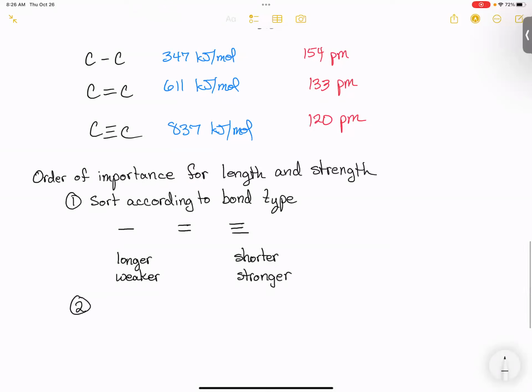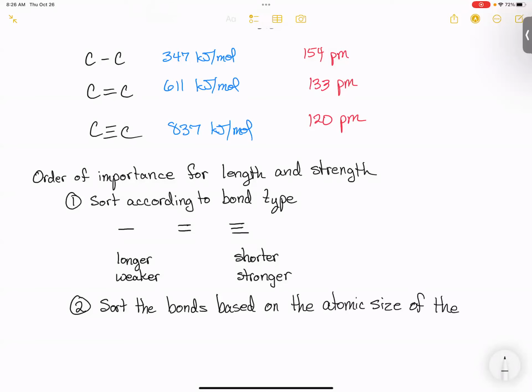Then, after you've sorted according to bond type, you sort the bonds based on the atomic size of the atoms that make up the bond.